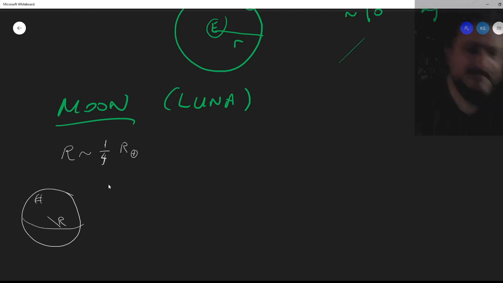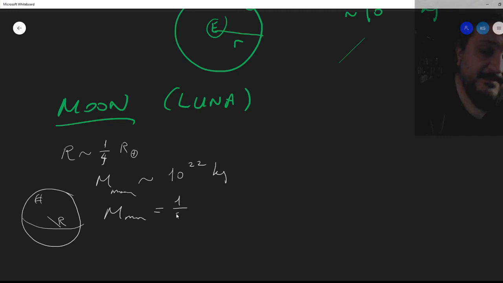And the mass of the moon is on the order of 10 to the 22nd kilograms. Actually, the mass of the moon is 1/80th of the mass of the Earth.